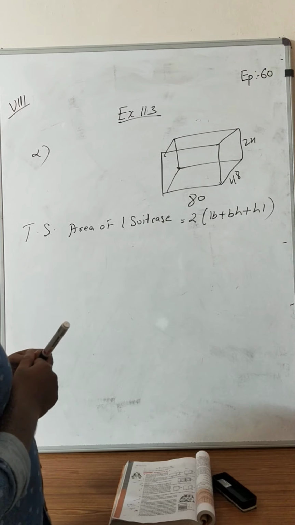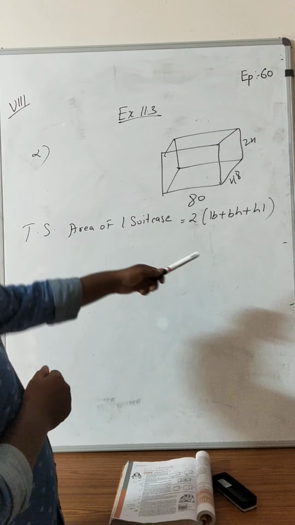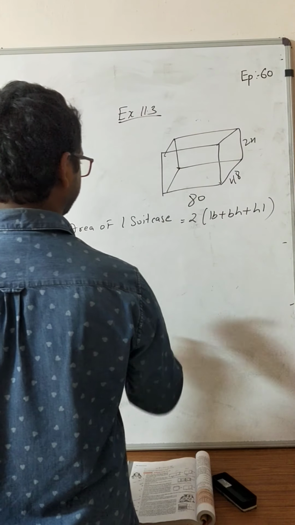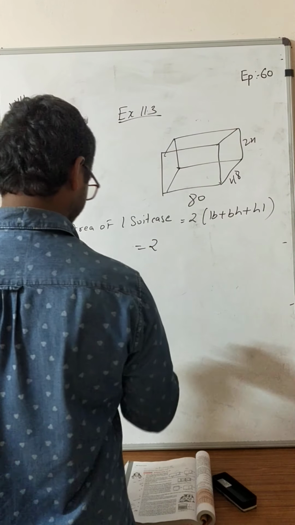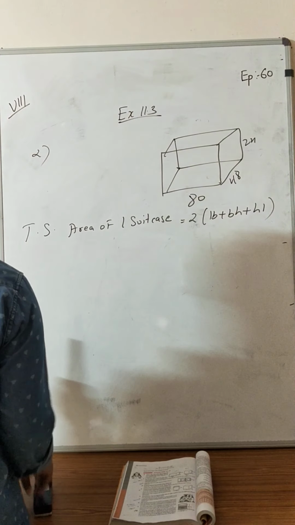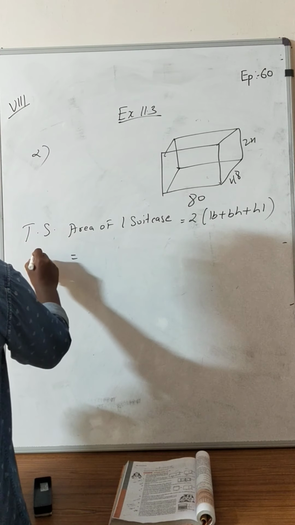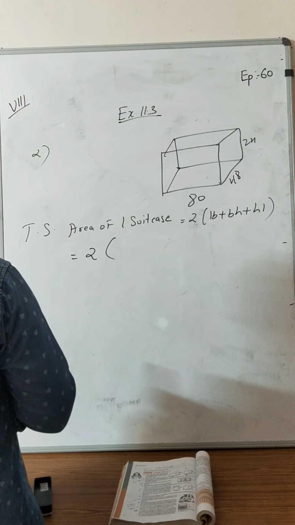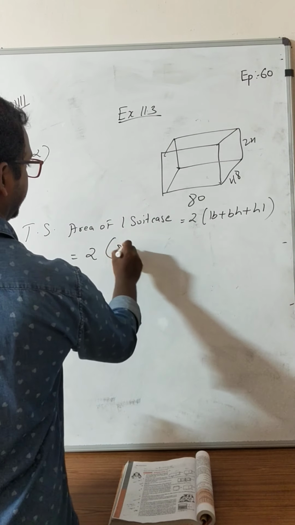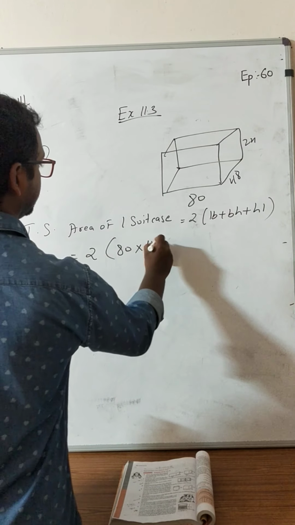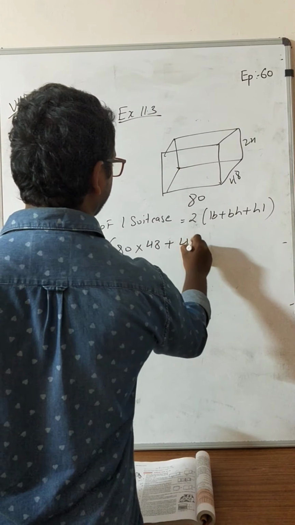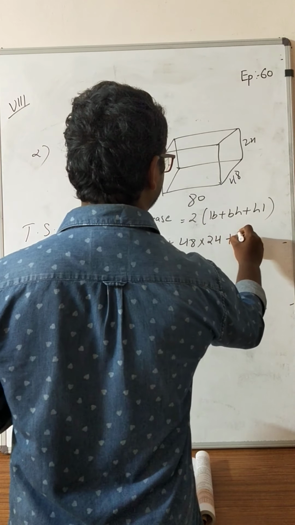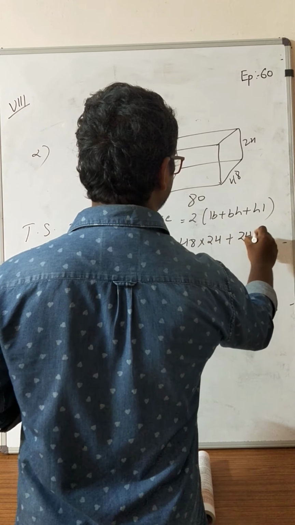Now here let us apply 2 into (L 80 into B 48 plus B 48 into H 24 plus H 24 into 80).